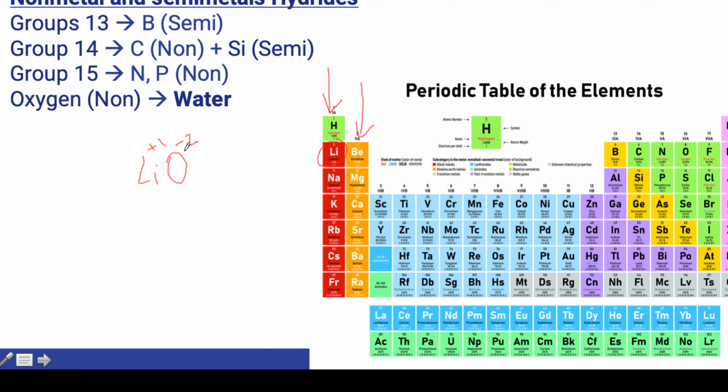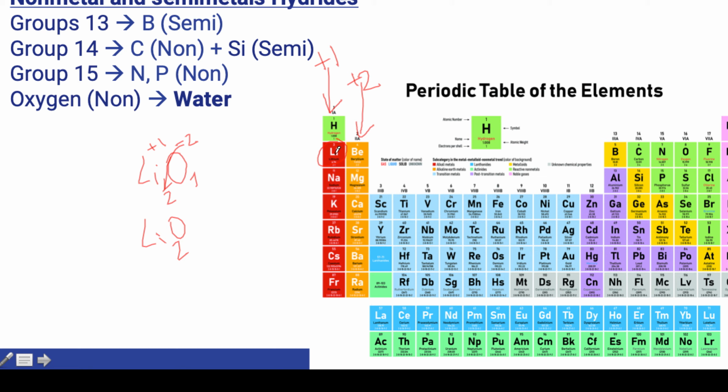So we swift and we put the 2 here, the 1 here. We don't write the 1, so we will have lithium oxide. We don't say dilithium oxide. Why? Because lithium always has +1, and because it's an alkali, and this is the second column, earth alkali, they have oxidation number of 2, so it's always the same.